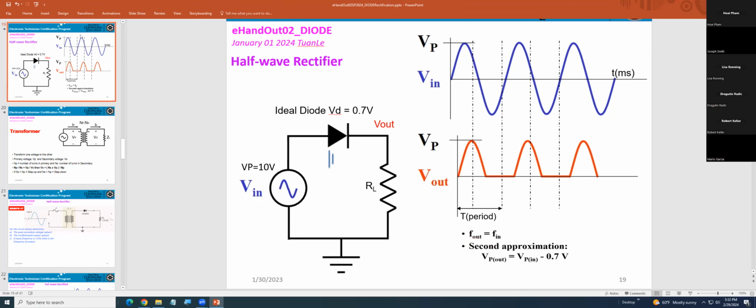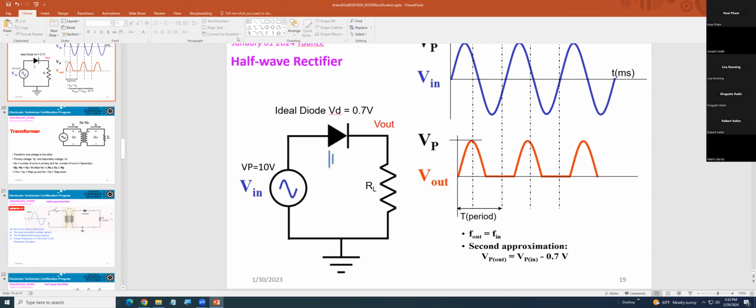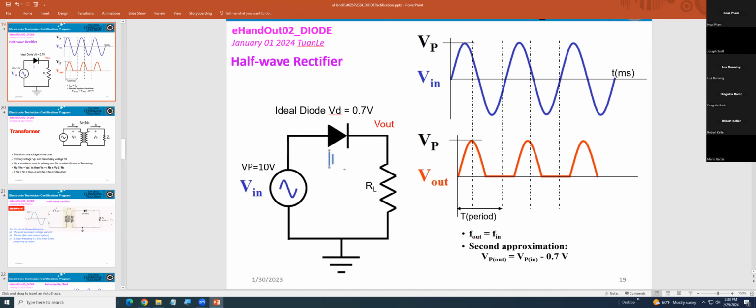I already explained at the beginning: you cannot leave the diode there to solve the problem. First you have to decide if the diode is on, forward bias, or reverse bias.